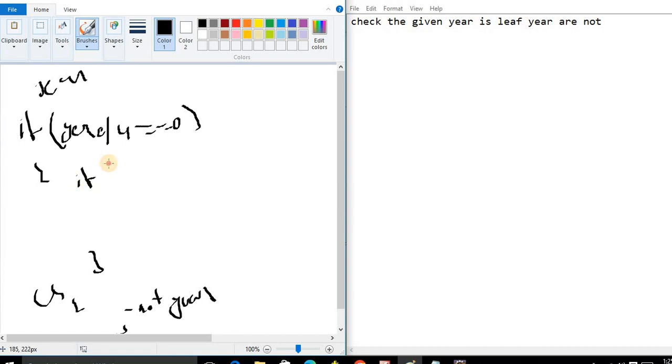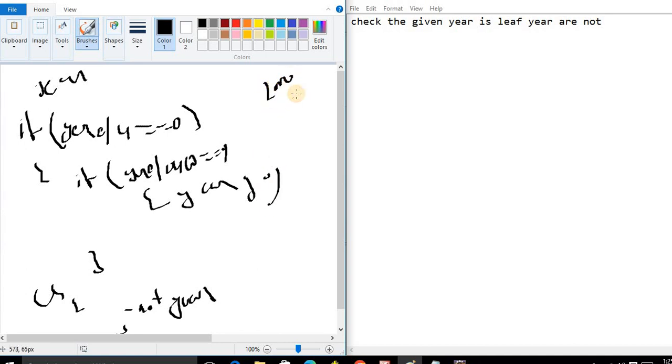One condition is if the year is perfectly divisible by 400, it's a leap year. Why? Because 2000 is a leap year, and after that 2400 is a leap year, while 2100, 2200, and 2300 are not leap years.